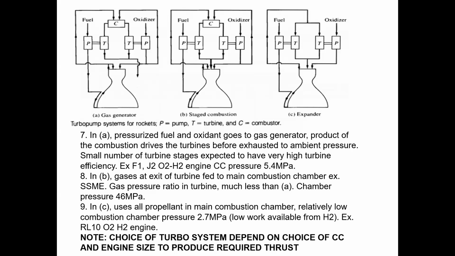So these are the three main types of turbo feed pump systems. A, B, and C are known as the gas generator, staged combustion, and the expander system.